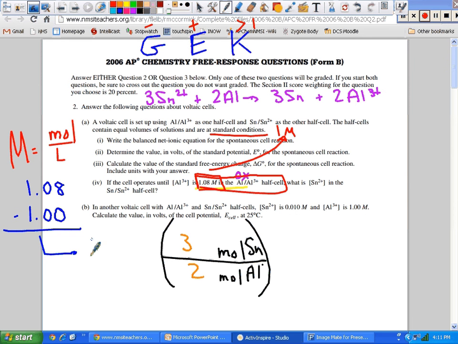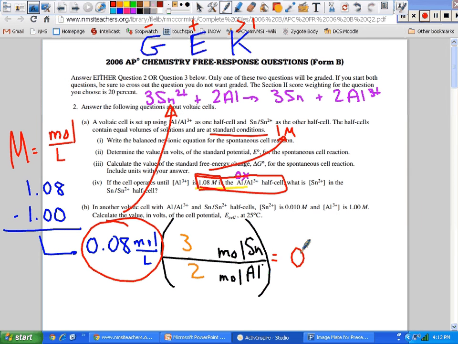That's how much it changed. So what we're going to do is we're going to find how much it changed and then subtract it again from the original concentration. So this change, what did this change in aluminum? How did it affect that? That's what we're really looking for. So when you do this, you get 0.12 moles per liter of Sn2+.